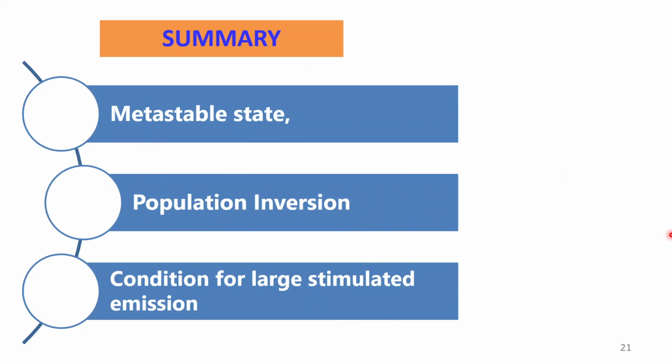So students, in this lecture we have seen what a metastable state is, what population inversion is, and what the role of population inversion is, and lastly we obtained the conditions for large stimulated emission. So remember these three: the metastable state, population inversion, and the conditions for large stimulated emission.